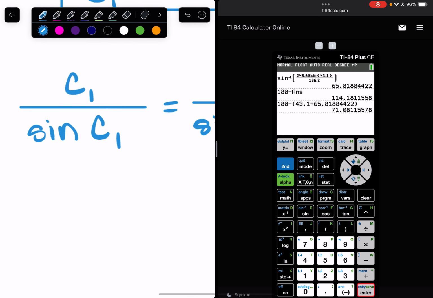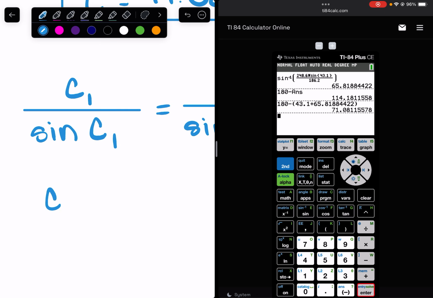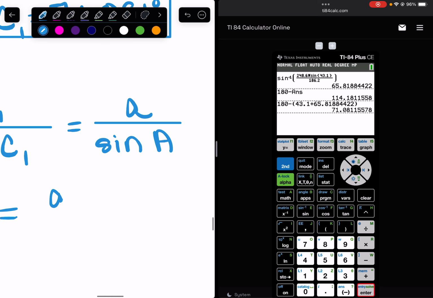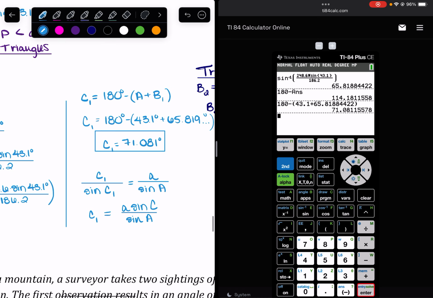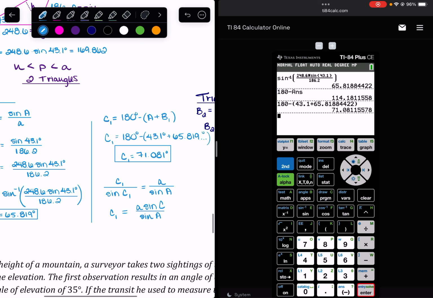So C1 is what's missing. So C1 is going to equal side A times the sine of angle C over, that's a crooked division bar, the sine of angle A. Now, you don't have to plug those numbers in here if you don't want to. Everything's labeled in this problem. That's good enough work for me.